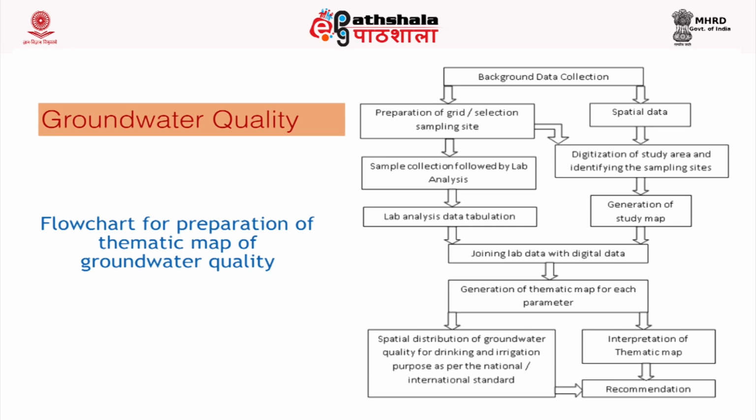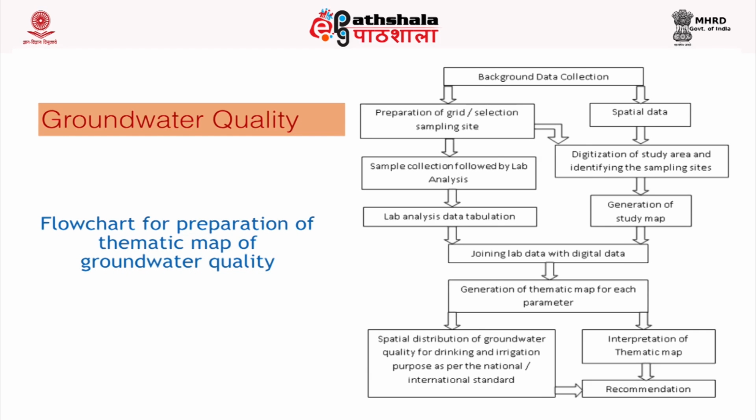First, we have to have the background data collection. Then, based on the background data, we can prepare the grid for the study area. We can select sampling sites, and from the field work we will collect samples, and the samples will be analyzed in the lab for different chemical parameters, and the lab analysis data will be tabulated mostly in an Excel sheet or any table format.